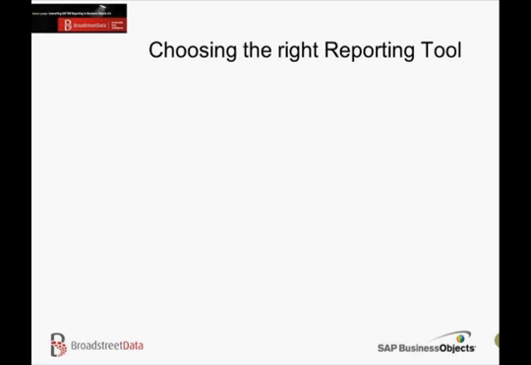So what we need to do is choose the right tool to convert our reports to. We have 4 tools within the BusinessObjects environment available to us, and we'll take a look at each of those to see what a particular report is best suited for.